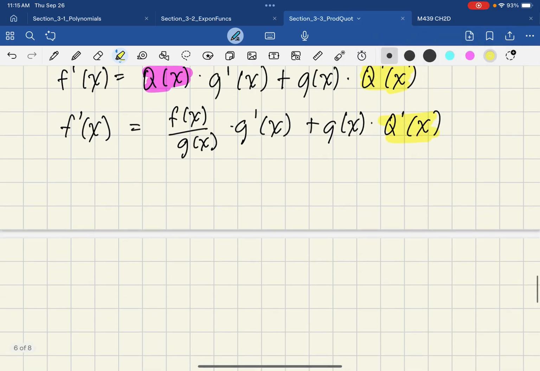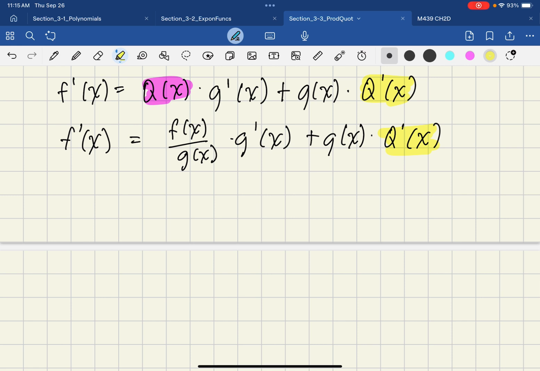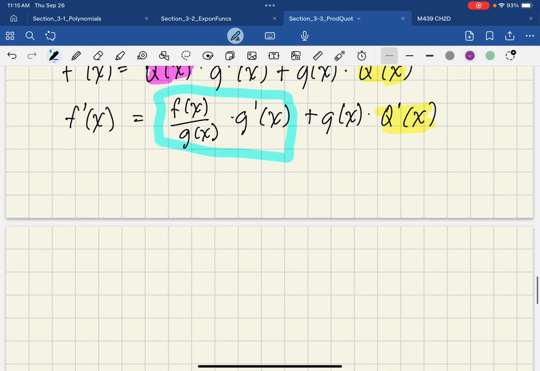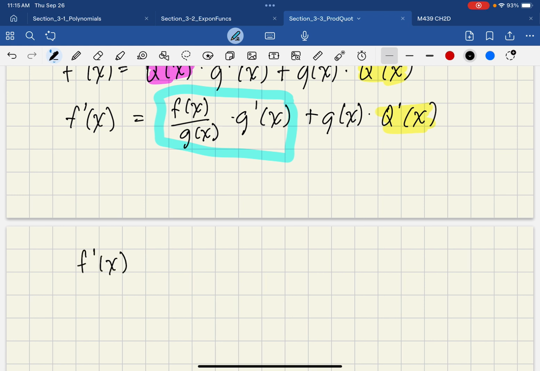The good place to go here is, I guess, to first subtract this piece from both sides, and we'll end up with f prime of x minus f of x over g of x times g prime of x equal to g of x times q prime of x.